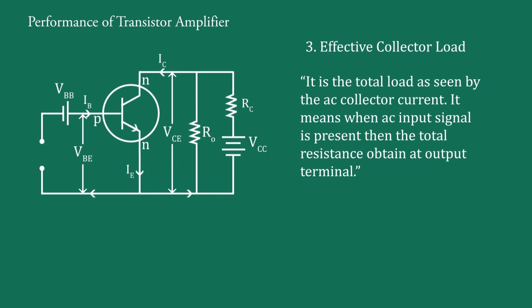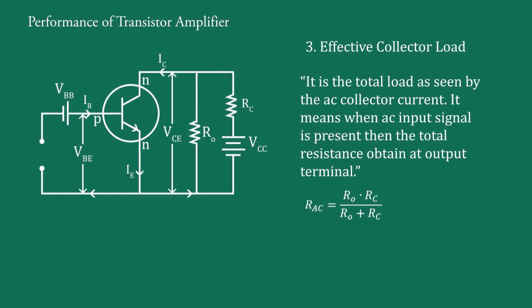If we draw this output section on the circuit like this, then this R0 and RC are parallel, and this parallel combination of R0 and RC is the effective collector load. That is, effective collector load RAC equal to R0 into RC upon R0 plus RC.